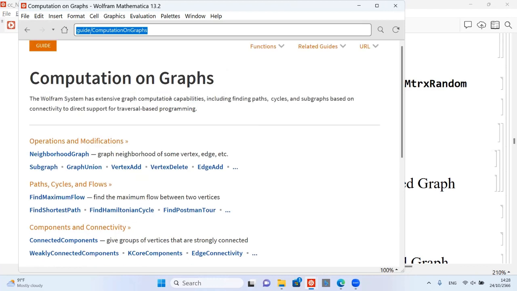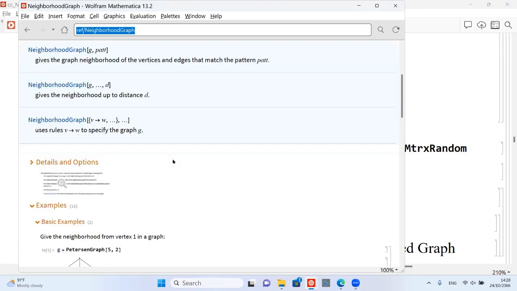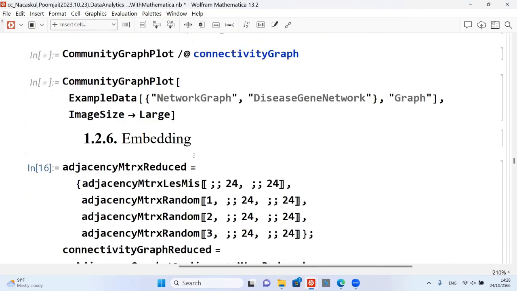Okay, so this page, if you go to computation on graph, it has all kinds of things. The one that I'm looking for is called neighborhood graph plot, I think. I have examples somewhere here. Wait a second.